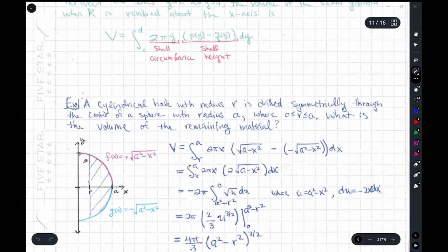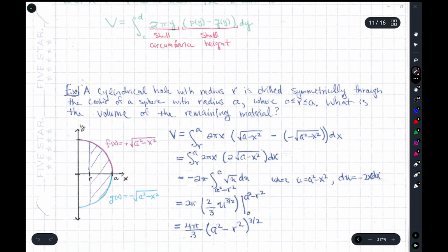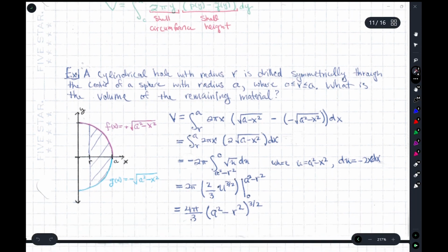It's missing everything from 0 to r. Now, what's the volume of the remaining shape? That's what we're going after here, and we're going to do this using shells.